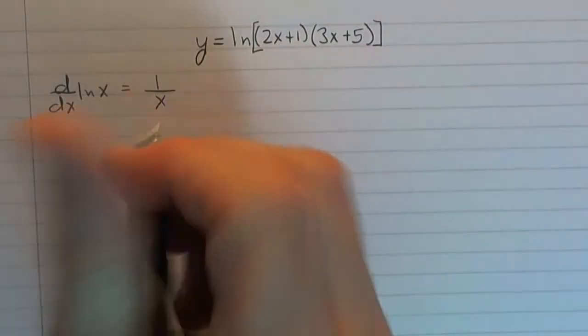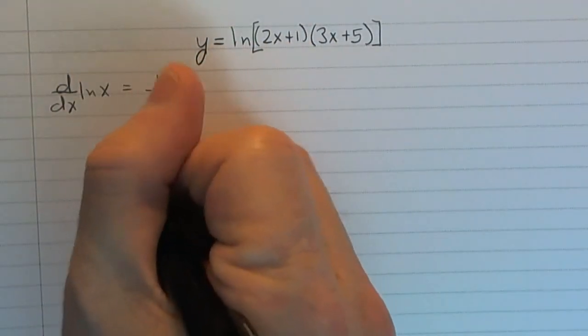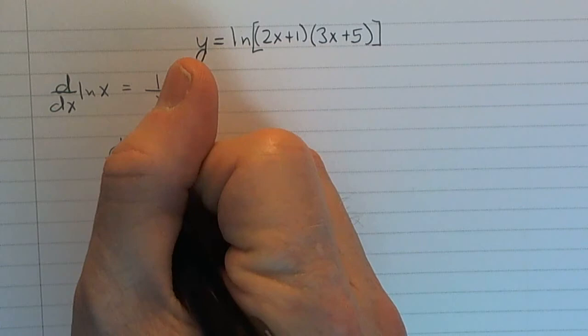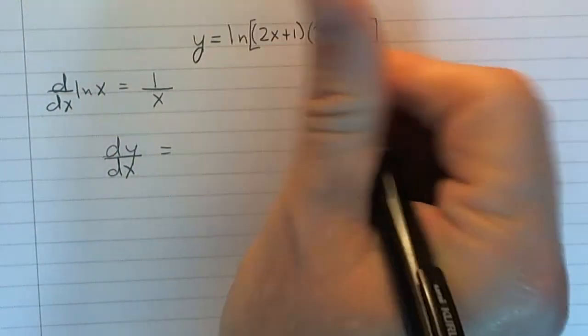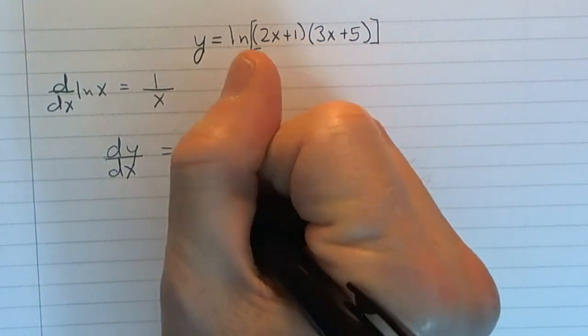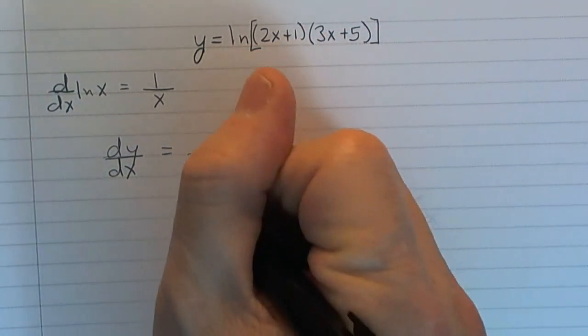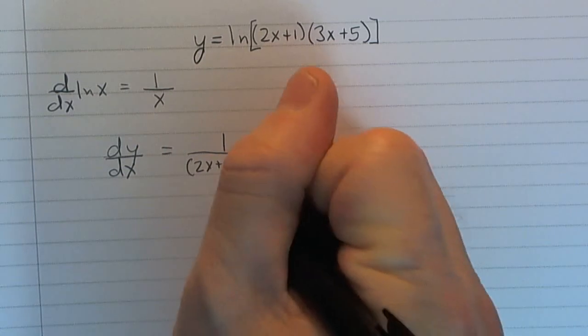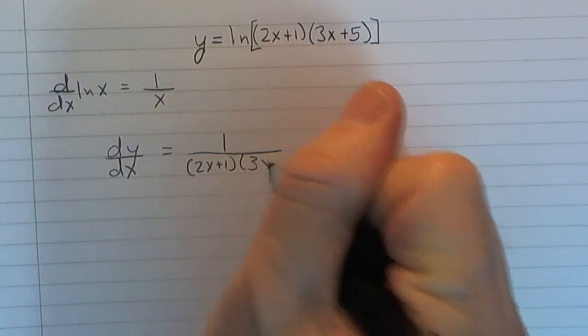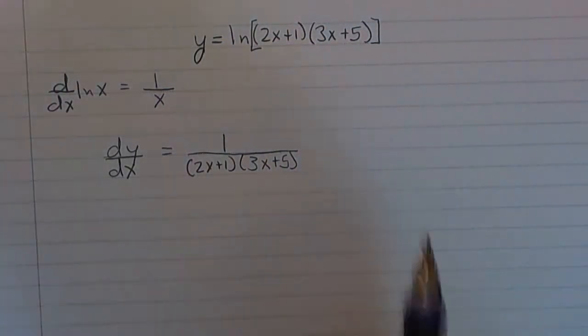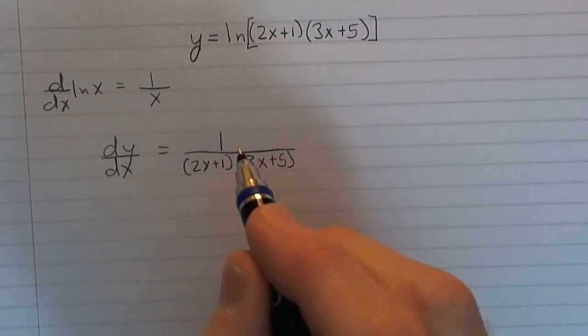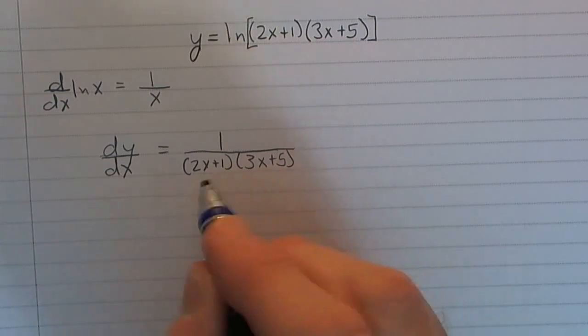And notice that if I differentiate this using this rule, I would get 1 over all of this in here, 1 over that whole business, (2x plus 1)(3x plus 5). Then I have to apply the chain rule, so I need to differentiate this.